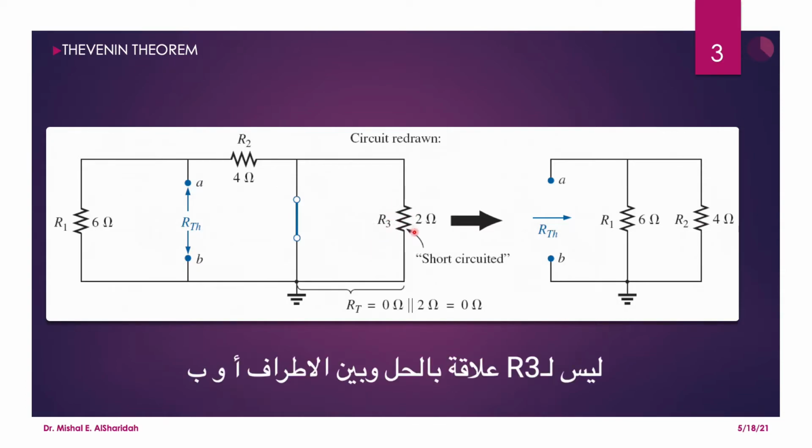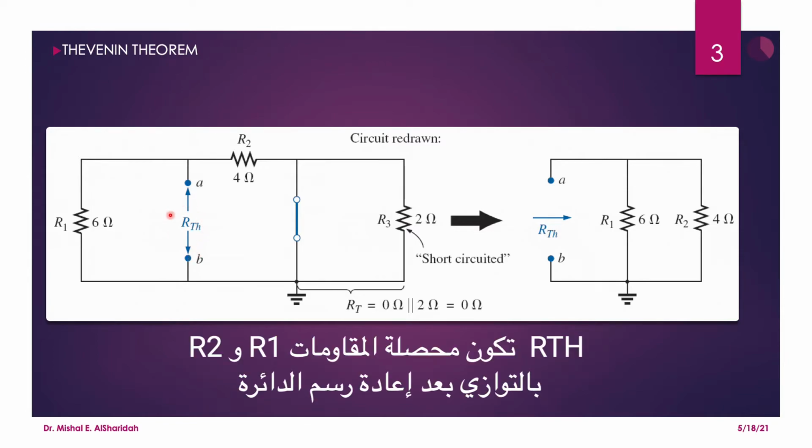So R3 is not involved, and between terminals A and B, the R Thevenin is seen as the resistors R1 and R2 in parallel after it is redrawn.